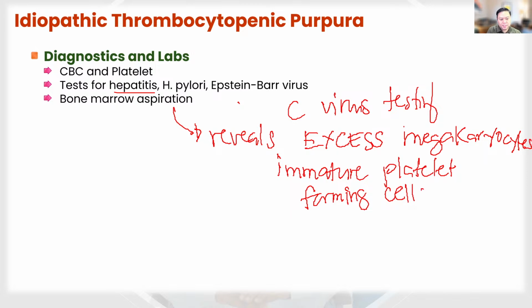So they're going to be excess in the circulation and also will be detected by the test.